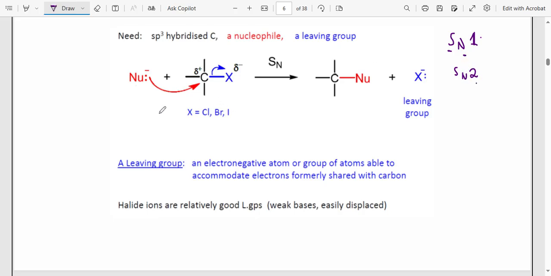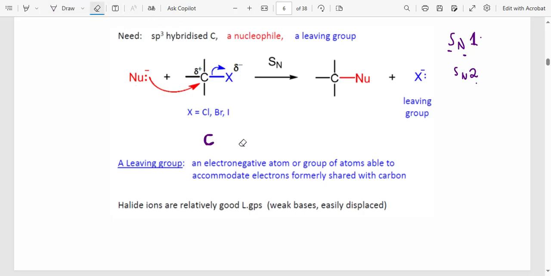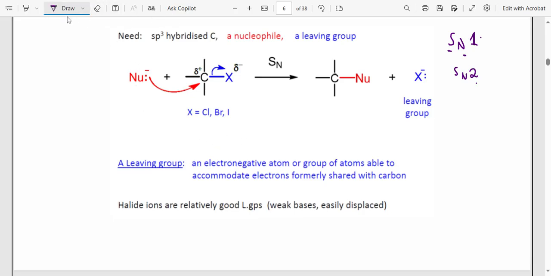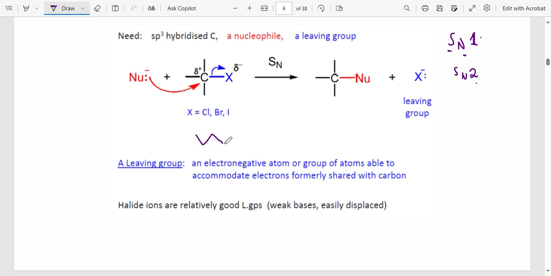Let's start with SN2. In an SN2 reaction, let's say our alkyl halide is here, and the halogen there is X. X can be anything.